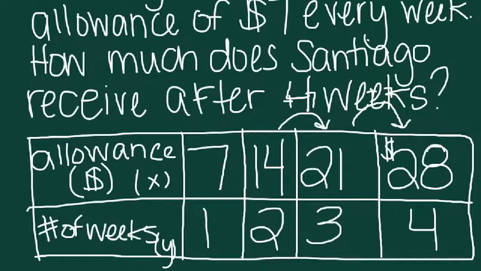This is my x and that's my y. My ordered pair would be 7, 1, because remember our ordered pairs go in x, y. Then I have an ordered pair of 14, 2, an ordered pair of 21 and 3, and an ordered pair of 28 and 4.